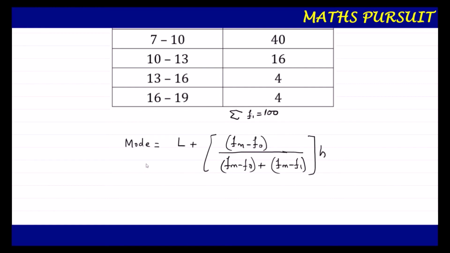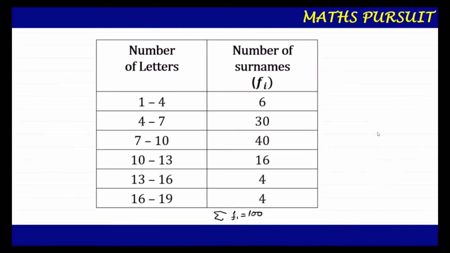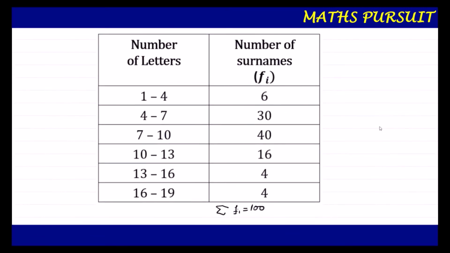Looking at the formula, we require L, Fm, F0, F1, and H. So let us identify those things from this table. Then only can we put them in the formula and easily find the mode of the given data. Now what is Fm here?